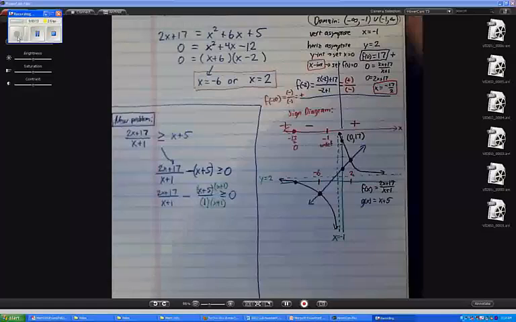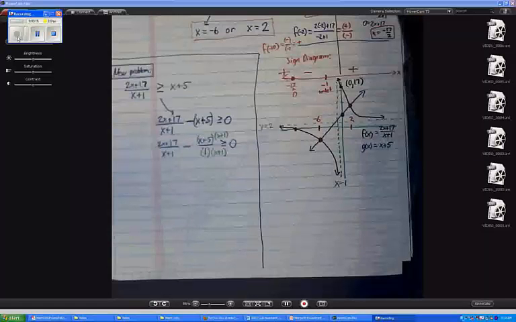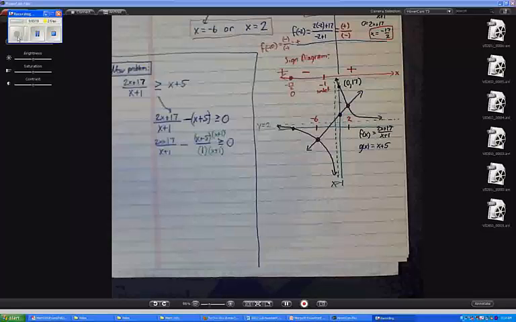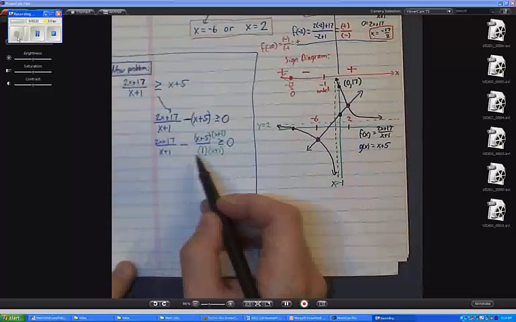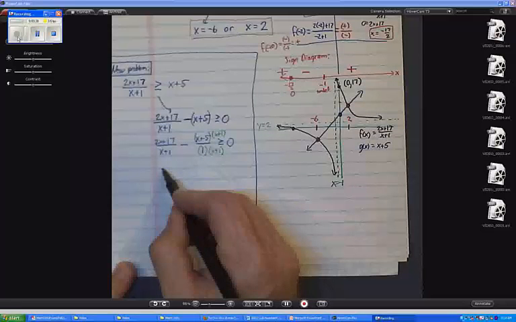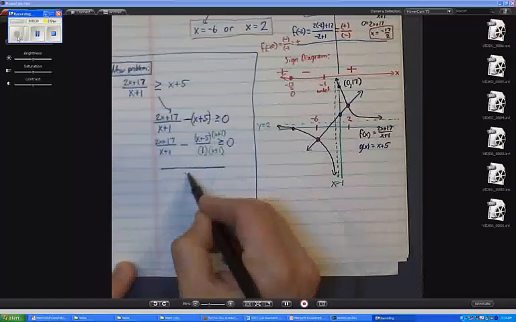So, let's see what happens. I'm going to change colors here to emphasize what's going on. Will I be able to subtract these fractions at this point? Sure, because what's the common denominator going to be then? X plus 1.